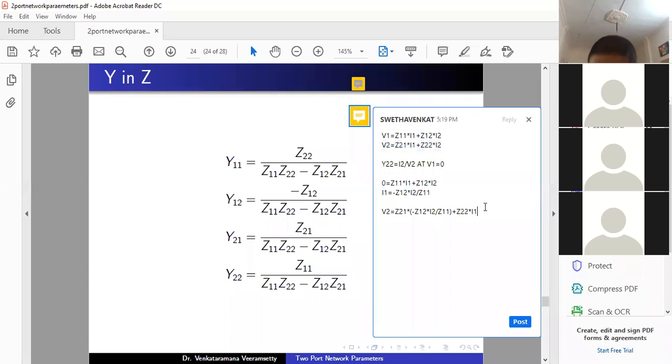Okay. Now from this equation, take I2 common.